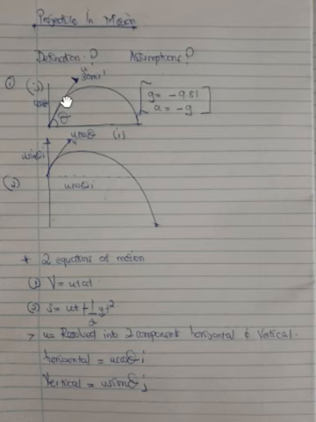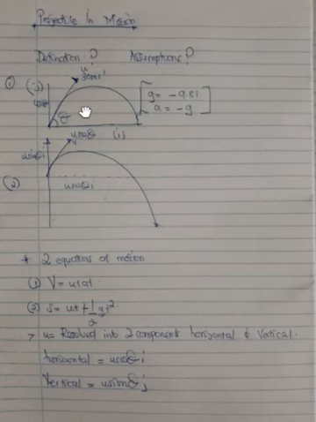As long as we are dealing with velocity, we are dealing with a vector. Therefore, I will represent the horizontal direction as i and the vertical direction as j. That is the first type of projectile motion.